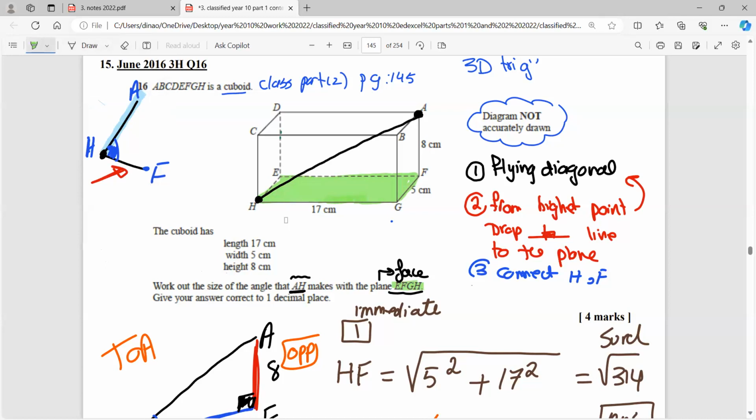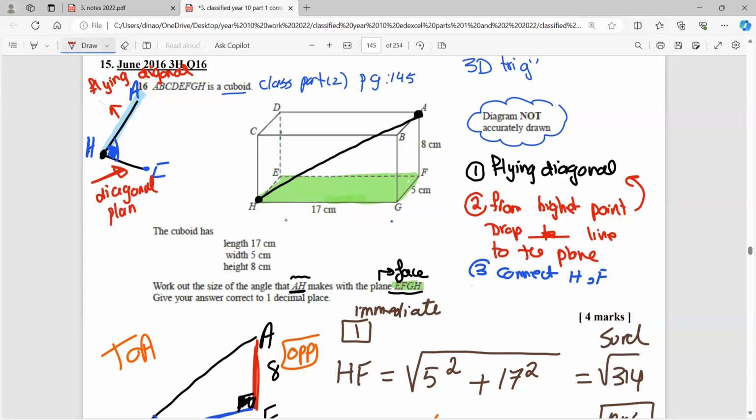Now, I will do another construction, another very, very important construction. This is the first side of my angle, which is the flying diagonal, going up. I am going to construct the second line of my angle, and this line is going to be another diagonal, but it's a diagonal drawn in my plane.